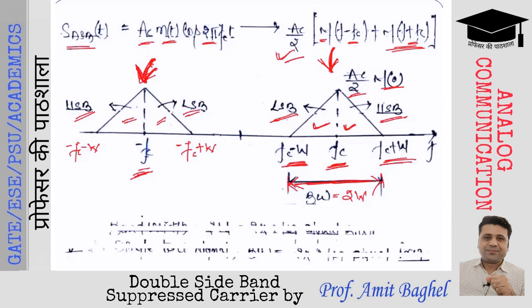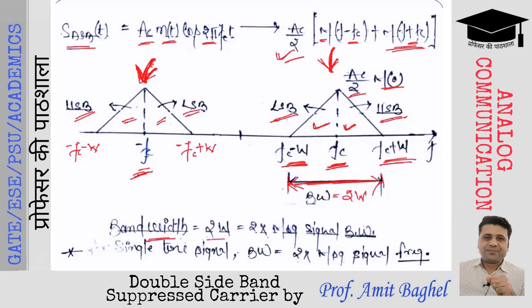In this, the bandwidth will be equal to 2W and W can be written as the message signal bandwidth. So बैंडविड्थ की वैल्यू, बैंडविड्थ की जो ऑक्यूपेंसी है वो सेम होने वाली है जैसी कि ऑक्यूपेंसी होती थी स्टैंडर्ड एएम के केस में.